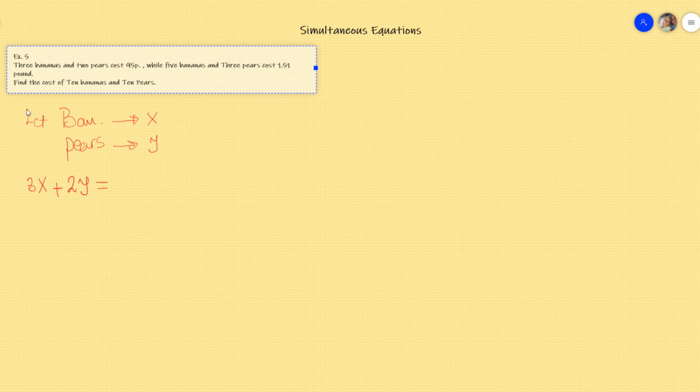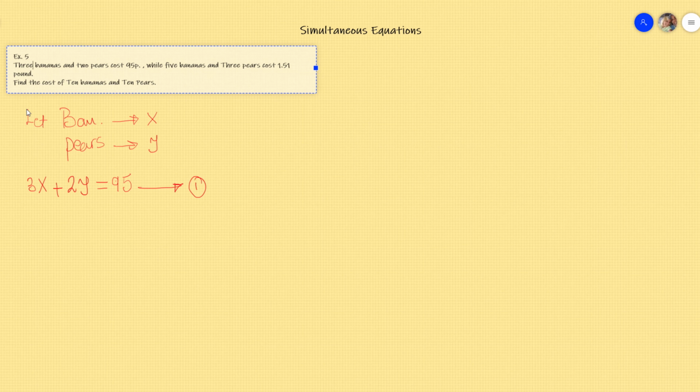Here we have two choices: to translate the 95 pence to 95, or 0.95 to leave it in pound. Let's say it will be 95. And this could be equation number 1.